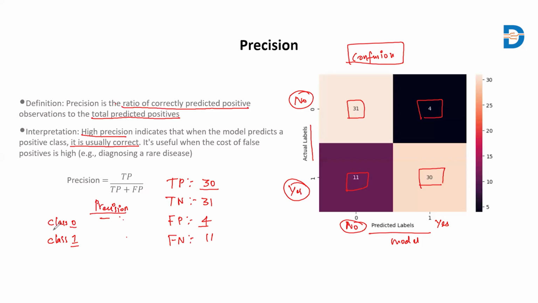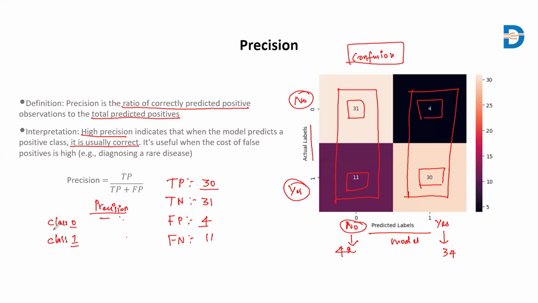Totally, our model has predicted 42 people are not having heart disease. Then how many people are having heart disease? 34. This is what our model has predicted.